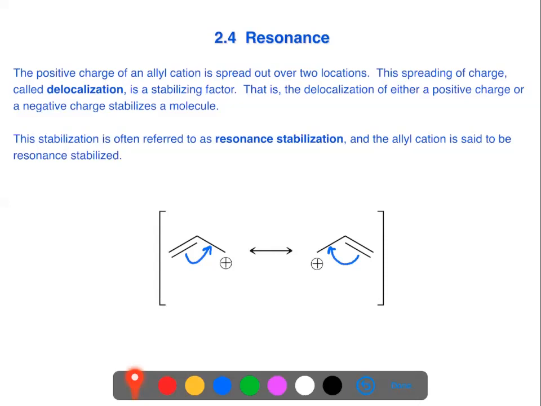So that is something that is important to remember when drawing resonance structures, is that A, you incorporate them in a set of square brackets, and the type of arrow is very key. The type of arrow is a double-headed arrow, and it's only used to indicate one resonance structure from another. So those are two important aspects to remember when drawing your resonance structures.